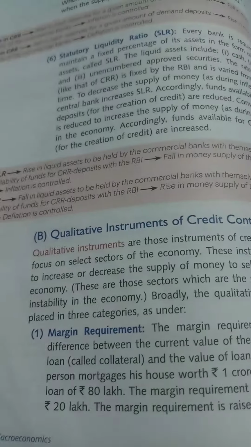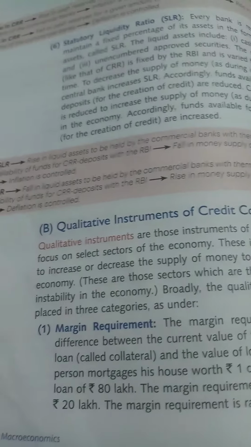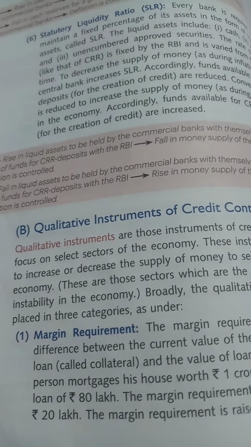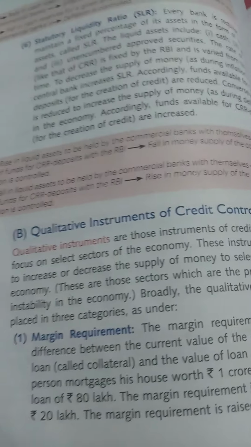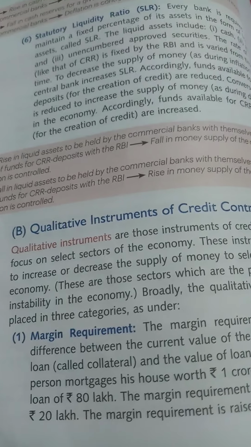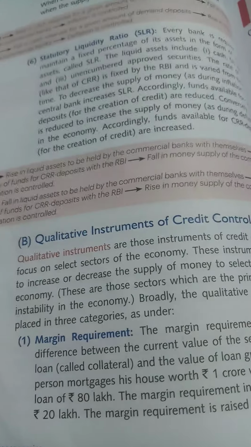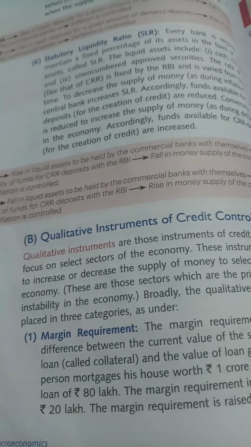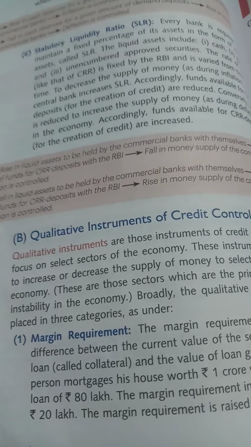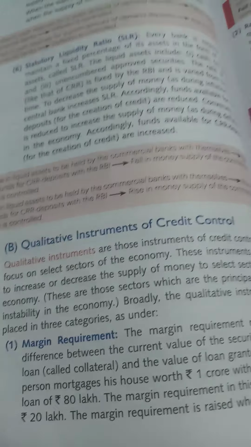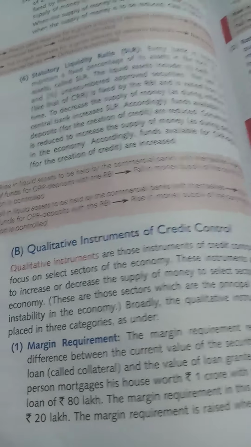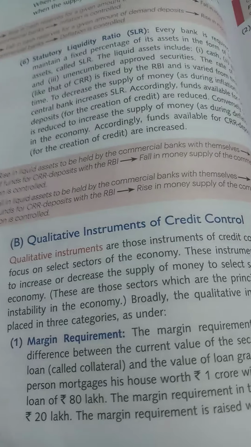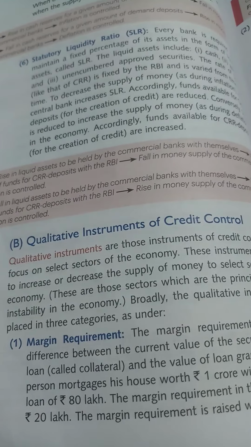Both these rates, CRR and SLR, are fixed by the RBI and they keep changing depending upon the situation in the economy, that is inflation or deflation. Now let me give you a brief example of what is done during inflation. During inflation, when there is a general increase in the price of goods, the CRR is increased.